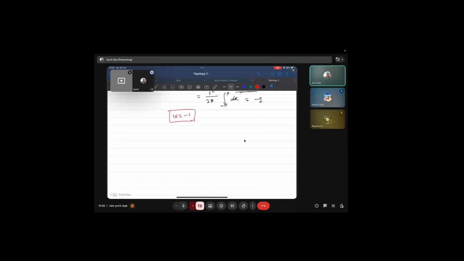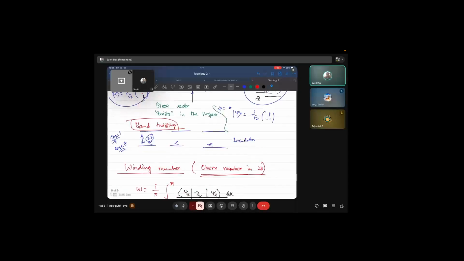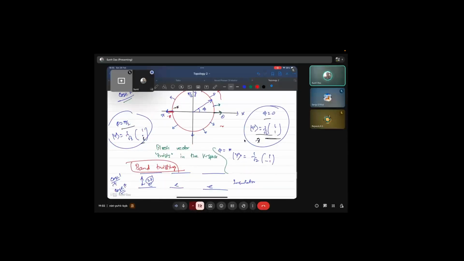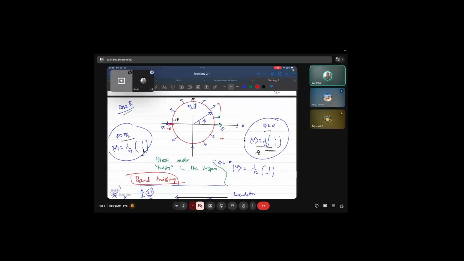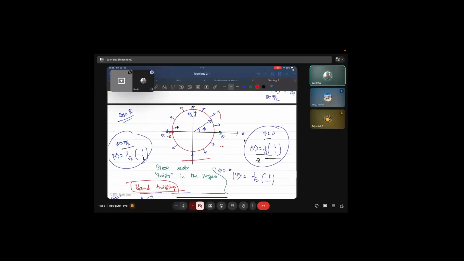You see that we needed to explicitly map it to the magnetic field in the 3D space case, and then we drew these vectors, how it changes. We determined that at phi equal to 0 it is along the x direction.